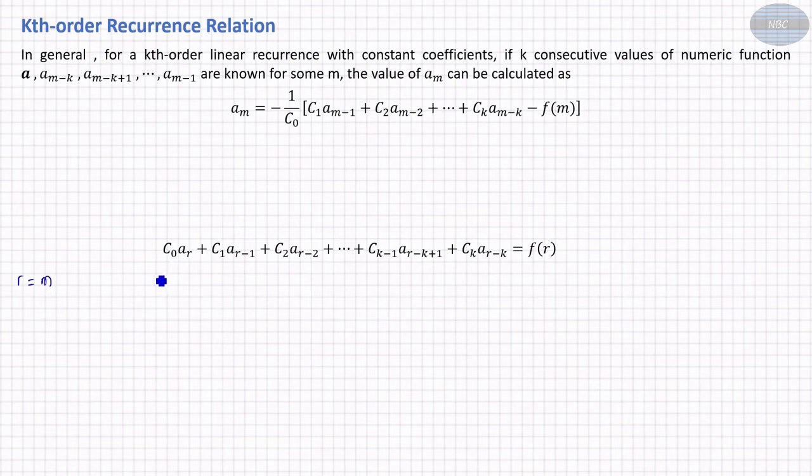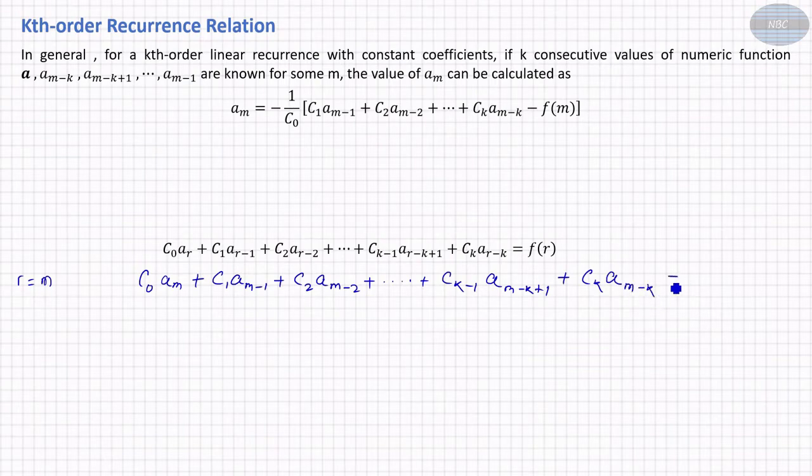So put r equal to m here, and we get c0 a_m plus c1 a_{m-1} plus c2 a_{m-2} plus up to c_{k-1} a_{m-k+1} plus c_k a_{m-k} is equal to f_m.